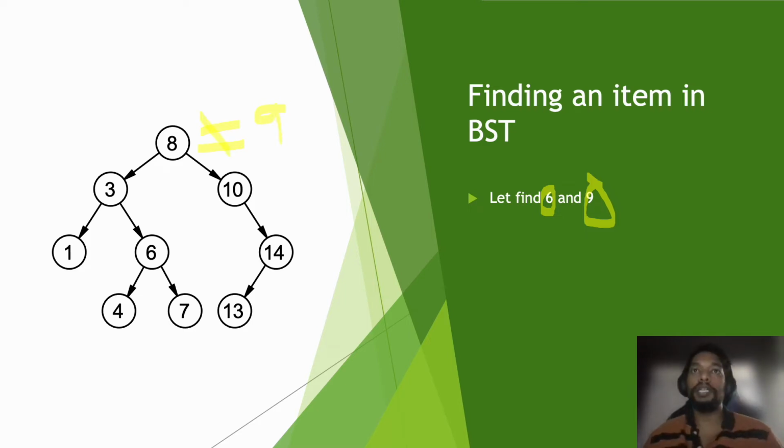Since 8 is less than 9, we will go to the right. Then we compare 10 and 9. It's not equal, and 9 is less than 10, so we should go to the left part. Since there is no node here, we will return None or false.